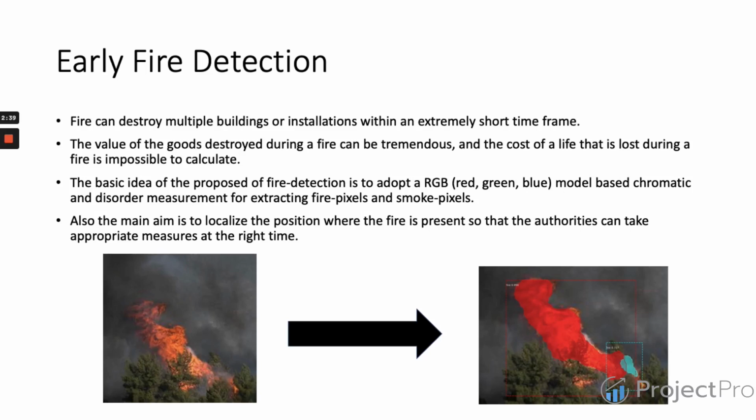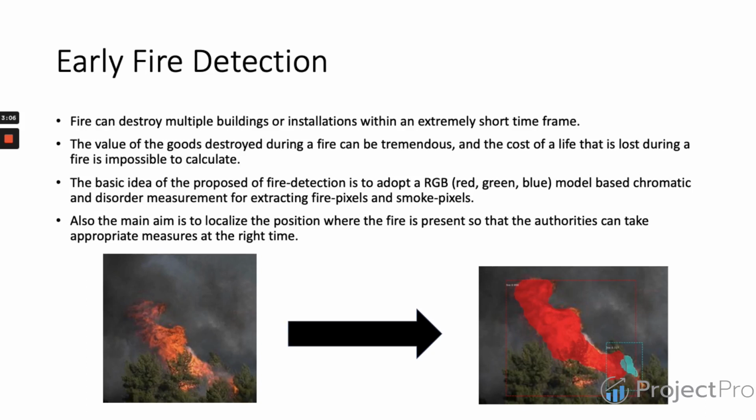We get the image out, and then we focus on the smoke pixels and the fire pixels to identify where the fire is. Our aim is also to localize the position where the fire is present, so that the authority can take appropriate measures at the right time.